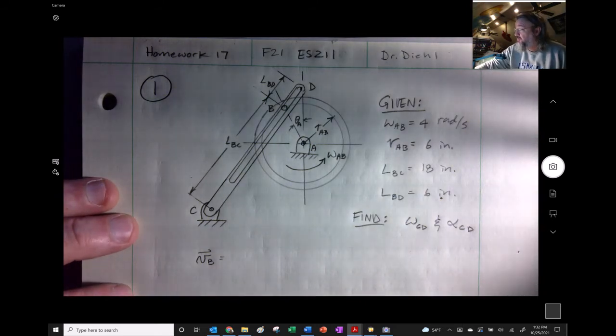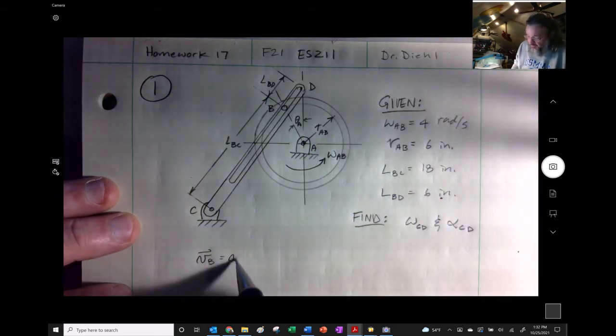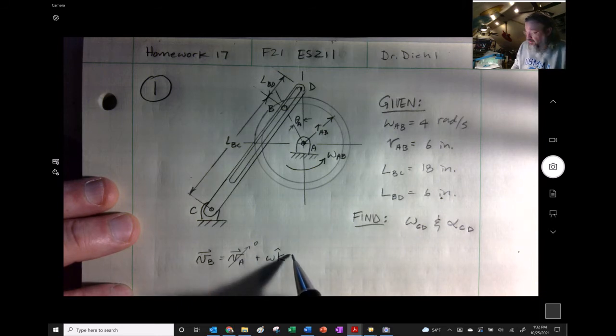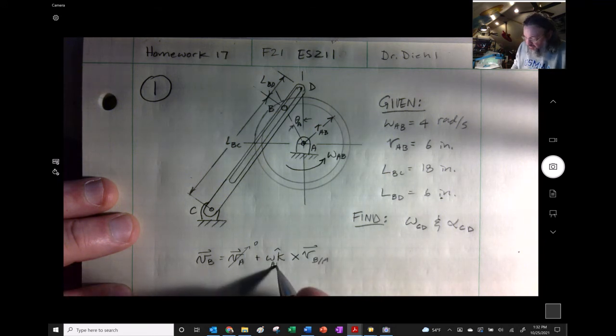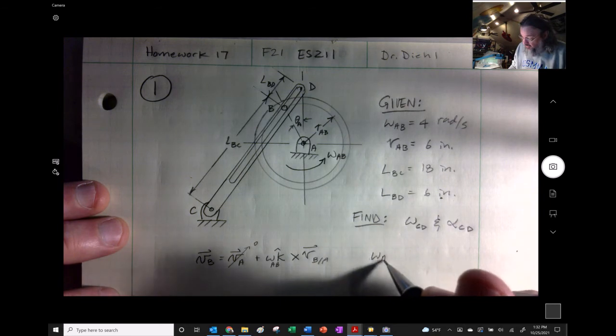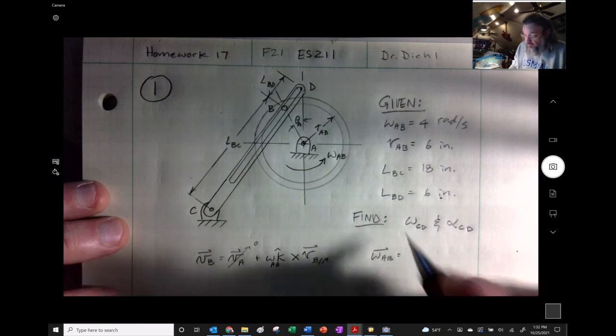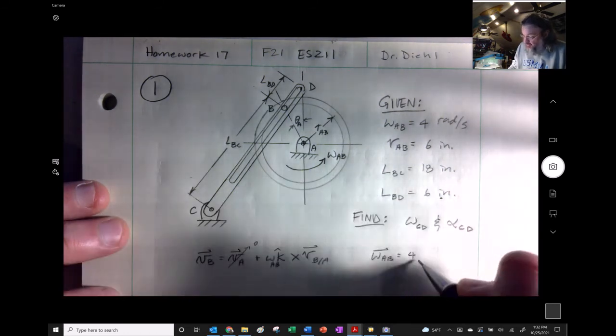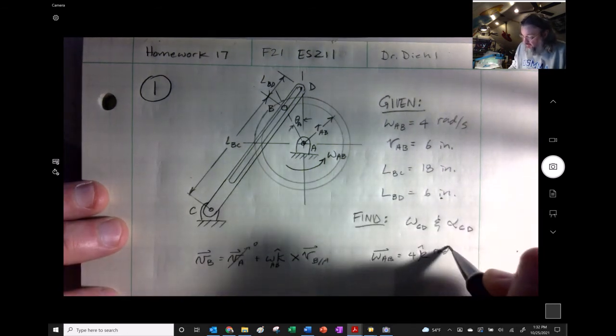With respect to the disk, it'll be the velocity of A, which is fixed, of course, plus omega k crossed with r B with respect to A. All right, so this is omega AB, and omega AB is going to be 4, but it's a positive 4 because it's counterclockwise, k radians per second.